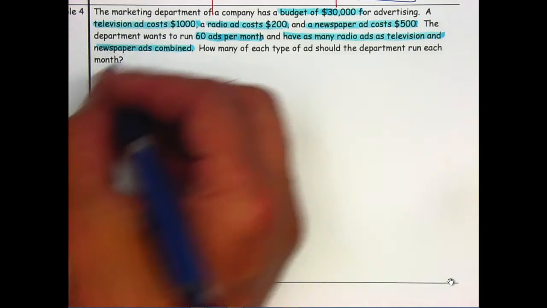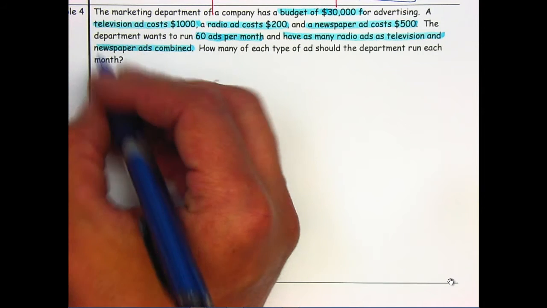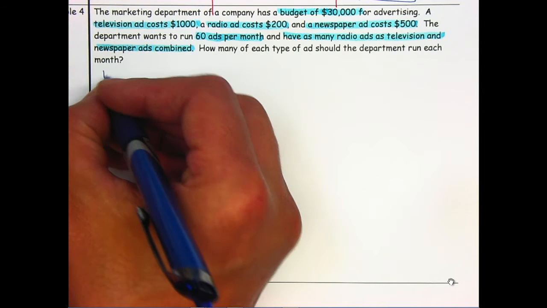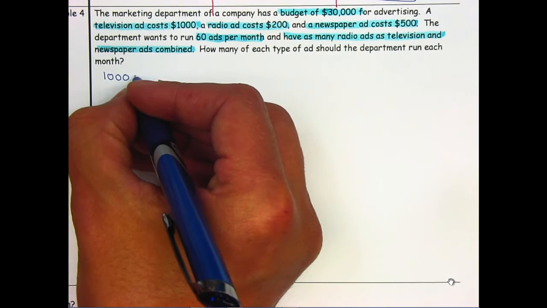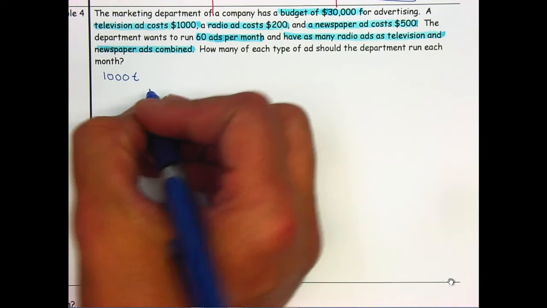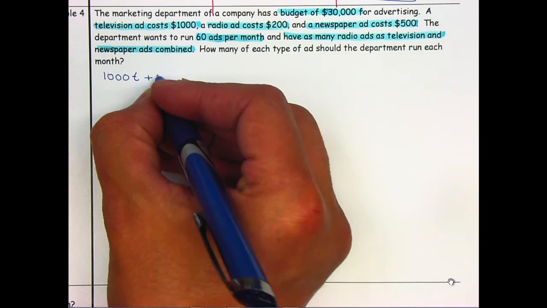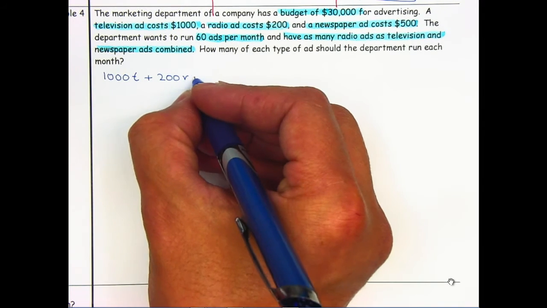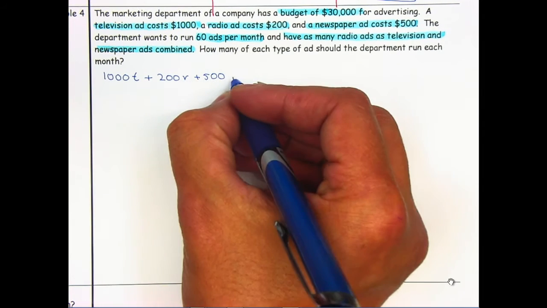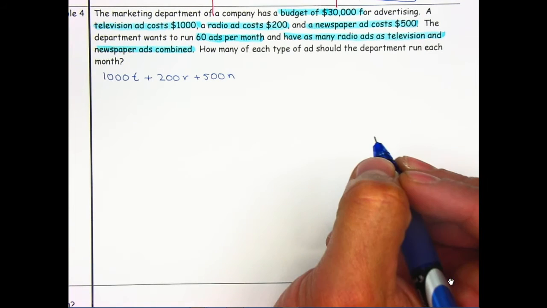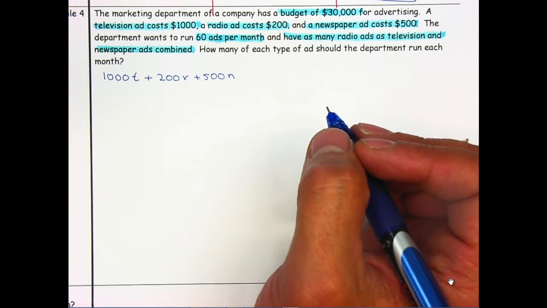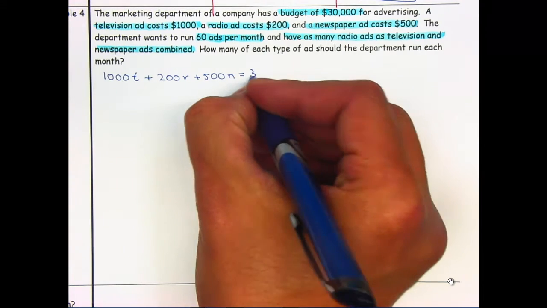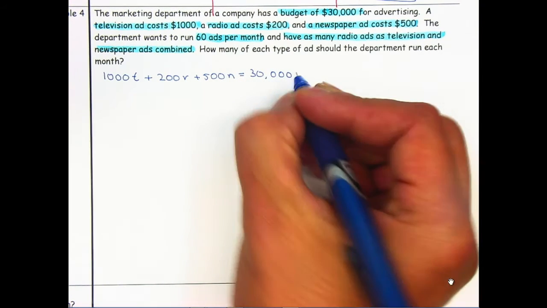So for television, let's use the letter T. So it's going to be 1,000 for every television ad, plus 200 for every radio ad, plus 500 for every newspaper ad. Does it look familiar to what we've done before? And that's going to be equal to 30,000.